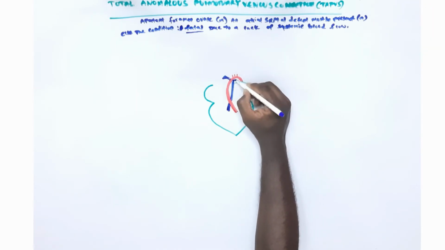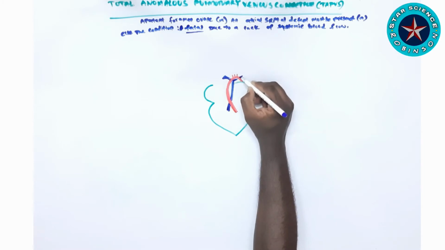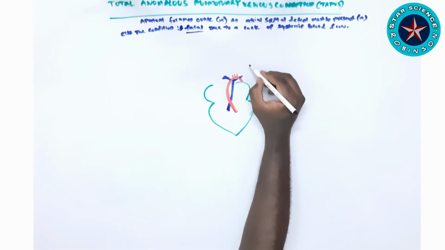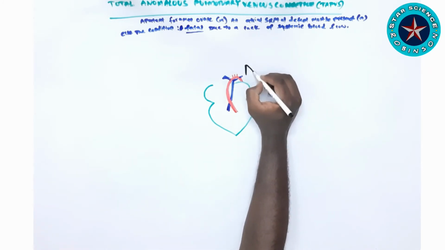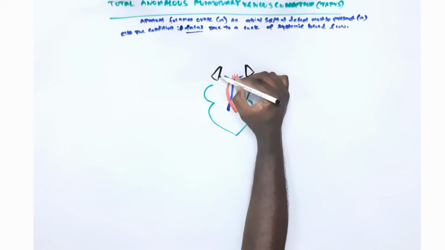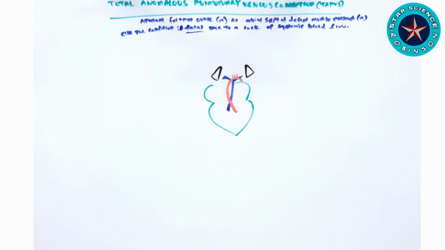The blood from the right atrium will enter the right ventricle. From there it will enter the pulmonary artery, and then it will go out of the heart into the left and right sides of the lungs, and in the lungs gas exchange occurs, CO2 will be released in the lung and O2 will be absorbed into the pulmonary vein.